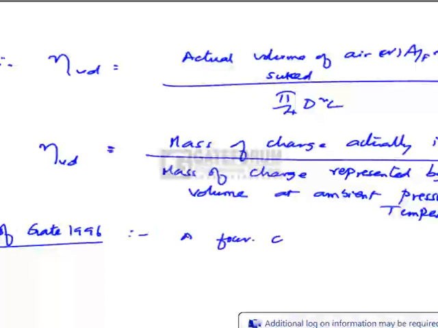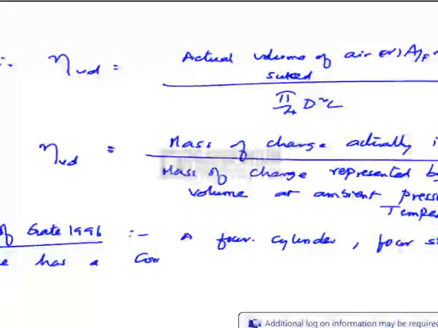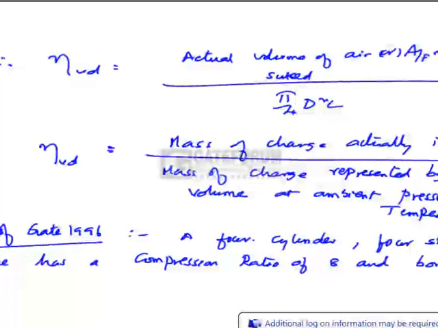A 4-cylinder, 4-stroke SI engine has a compression ratio of 8 and a bore of 100 mm with stroke equal to bore.